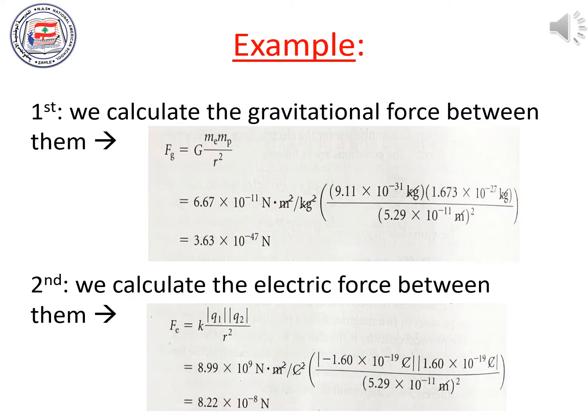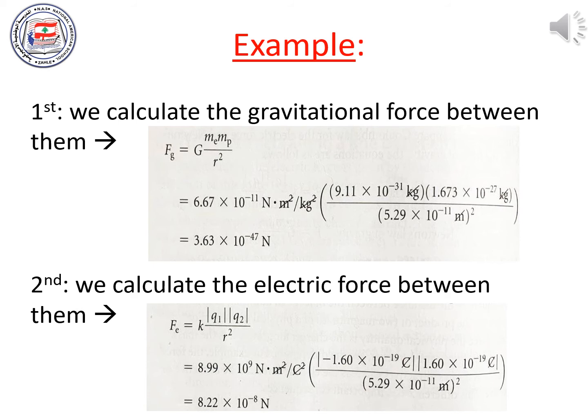First, we calculate the gravitational force between them using the equation that I already stated in this section. Fg is equal to G times Me times Mp over R squared. Me is the mass of the electron and Mp is the mass of the proton, so they are M1 and M2.